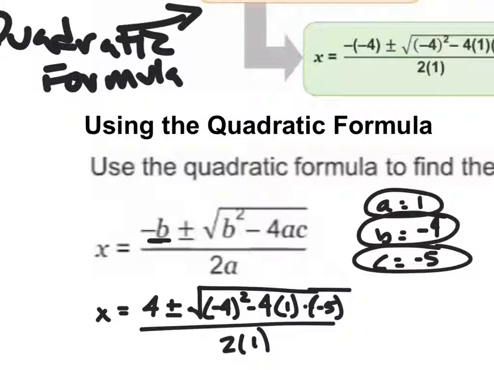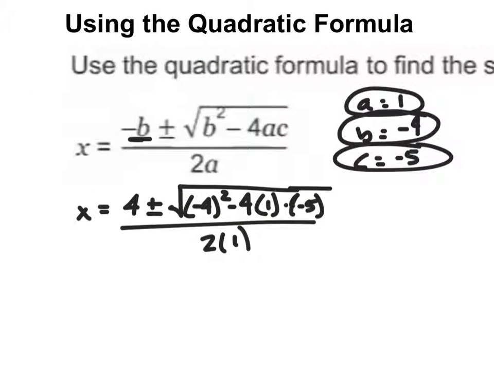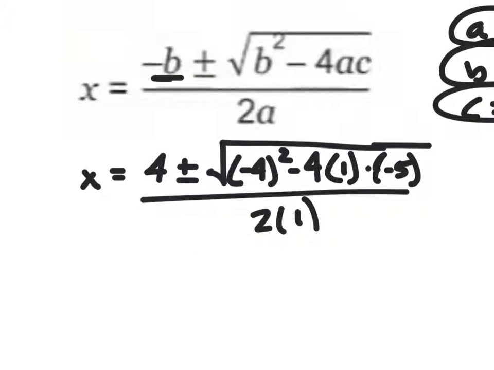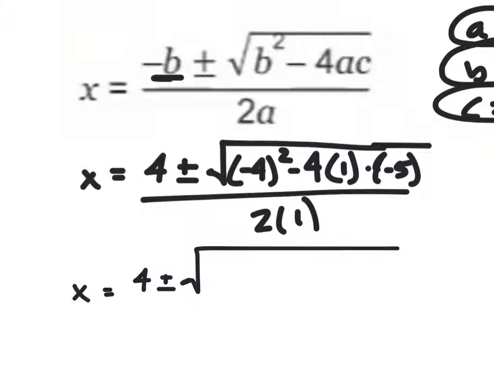All right, so we want to think about our order of operations. The first thing I want to do is evaluate what is under my radical symbol. So x is going to equal positive 4 plus or minus the square root of negative 4 quantity squared. Negative 4 times negative 4 is positive 16.